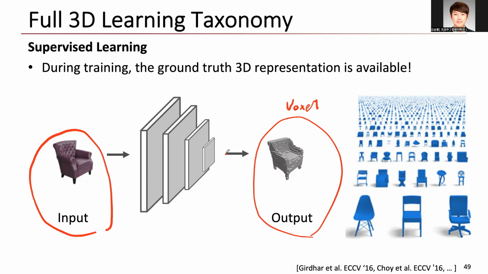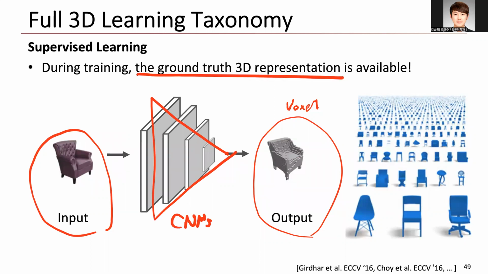By formulating this network as a convolutional neural network in a supervised manner, during training, the ground truth 3D representation is used to train this CNN module. Then at testing time, we can find the full 3D model from a single 2D image. This is supervised learning. This kind of technique started in early 2016 in ECCV, something like this.